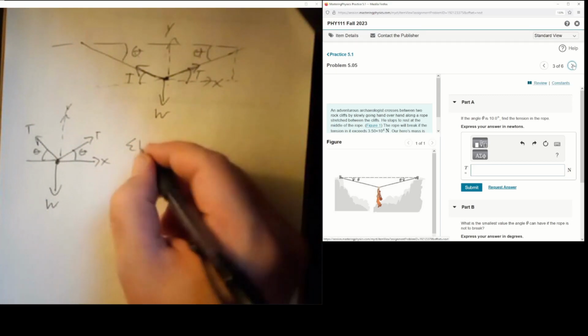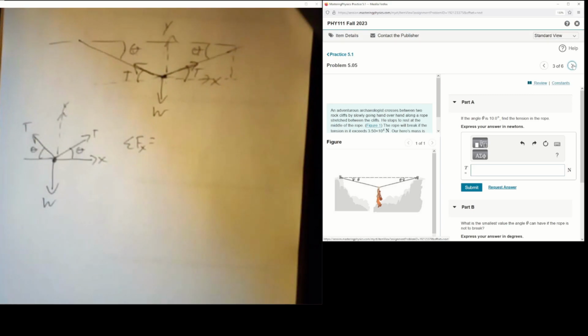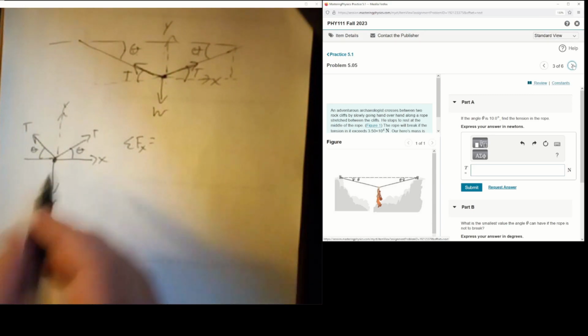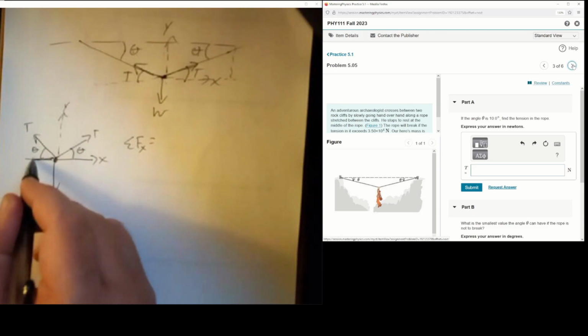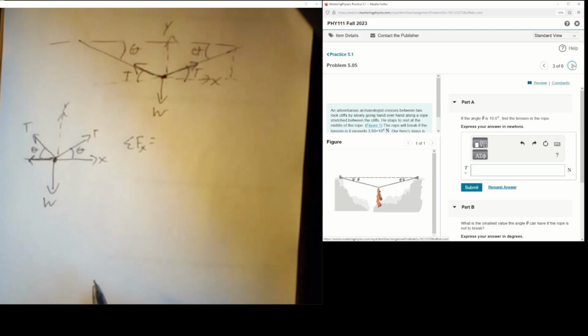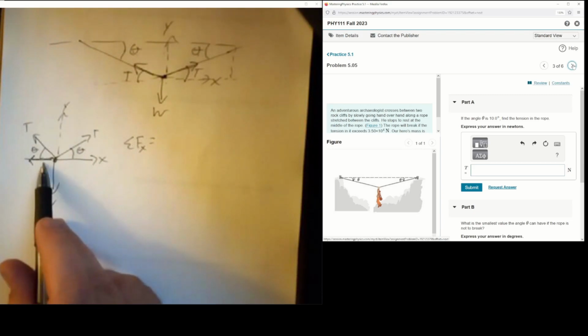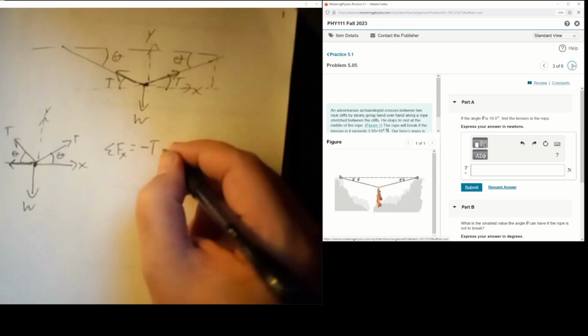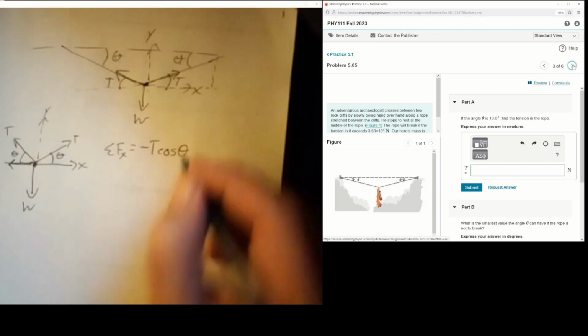And we'll sum the forces in the x direction. So on the left, we're looking at this component of the right triangle. That component is the adjacent side. What's going to get us adjacent here is cosine in a negative direction, so we have negative T cosine of that angle.